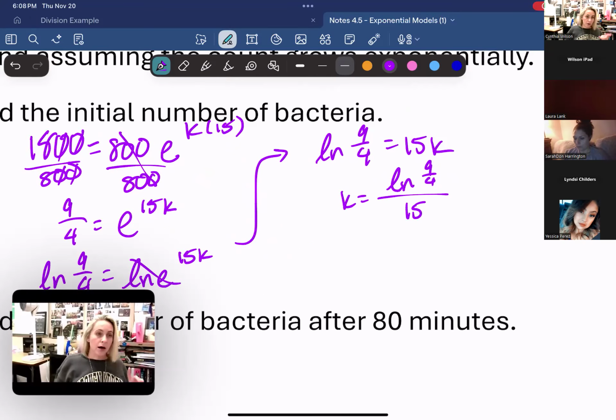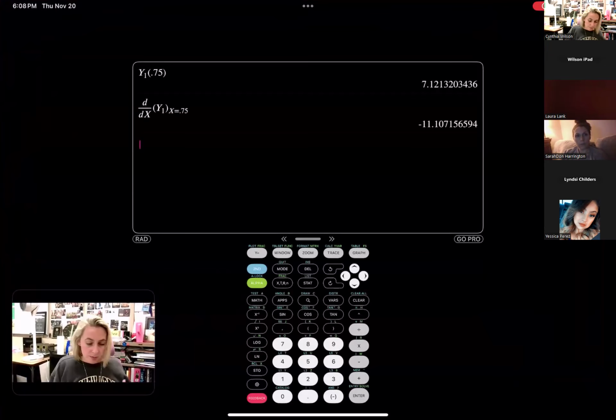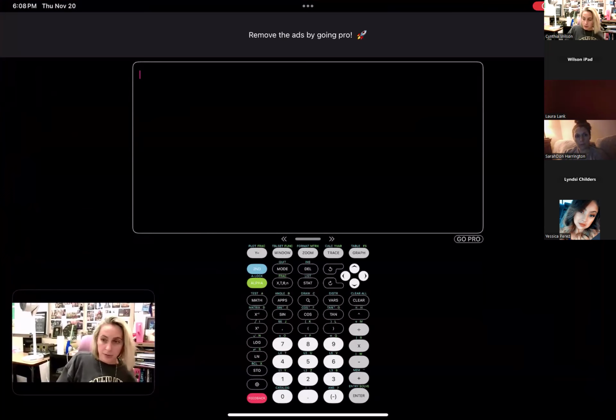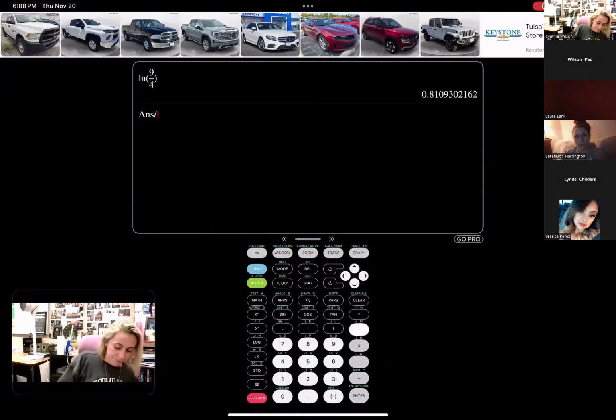All right, now I'm going to go to my calculator. I have an emulator. It's not identical to the 84, but it's really, really close. I'll calculate it as on an 84 if you have an Apple. So I'm going to do the ln of 9/4 and get that value, and then divide that value by 15.